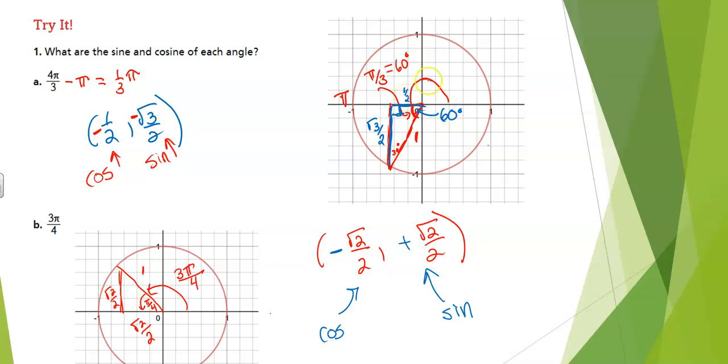And then I remembered from what I did before that the x value is the short leg right here, and that's 1/2. And then the long leg, the y value, is the square root of 3 over 2. And since it's in this quadrant right here, which is the third quadrant, they're both negative. Cosine is always the first, the x value, and sine is the y value, coordinate. I did the same thing with the 45 triangle, and you can look at that and see if you agree with what I did.